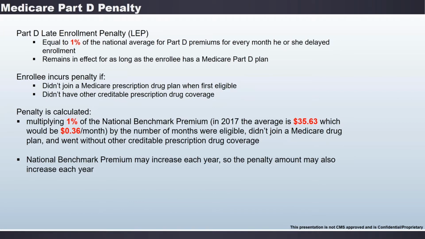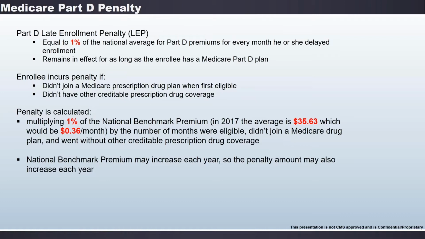So let's talk about the Part D penalty, David. Okay, there's a late enrollment penalty if you don't enroll in Part D when you're initially eligible. The way that they word that, it says equal to 1% of the national average for Part D premiums for every month he or she delayed enrollment, and remains in effect as long as the enrollee has a Medicare Part D plan.